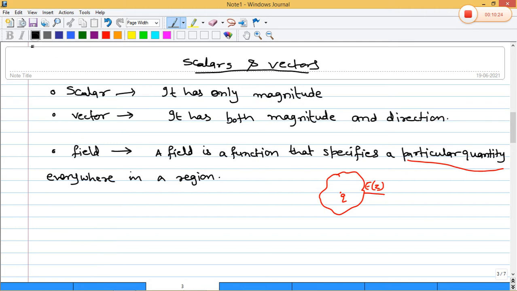Now next, if this field is a scalar field or a vector field, how can we define it?